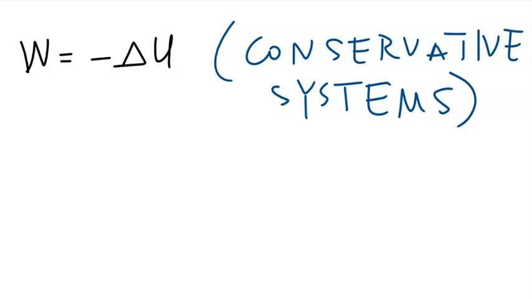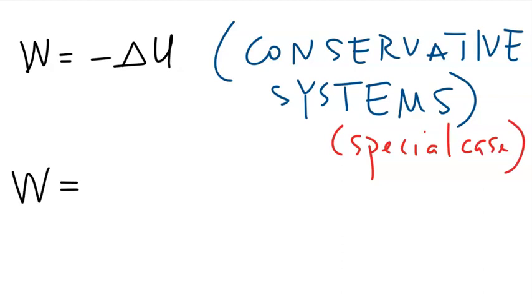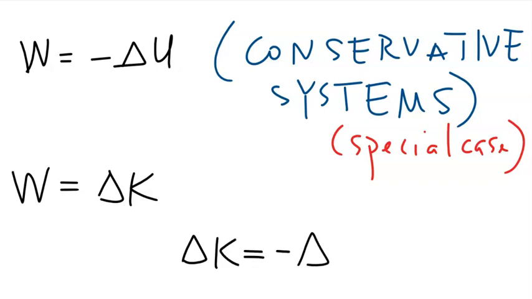So this is only a special case, namely it applies only to conservative systems. Combining with the work-kinetic energy theorem, which says work equals the change in kinetic energy, we end up concluding that the change in kinetic energy equals minus the change in the potential energy.